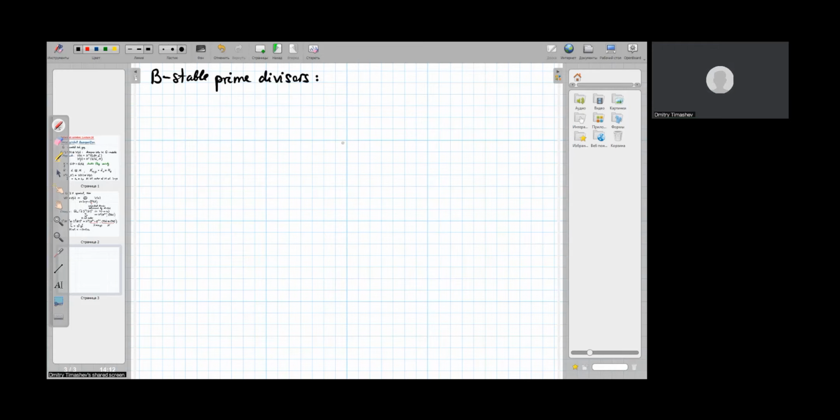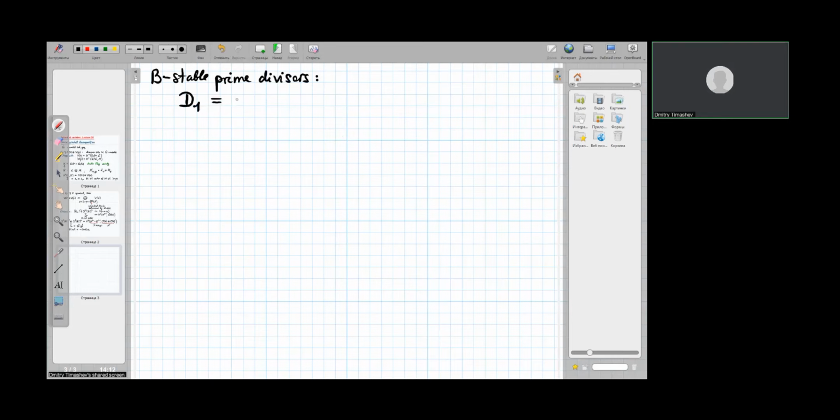So first, you may take two b-stable prime divisors pulled back from the factors of this double flag variety. Let me denote them by D1.